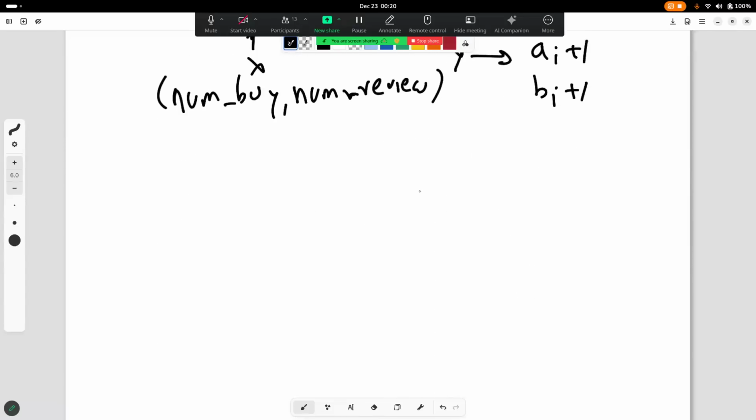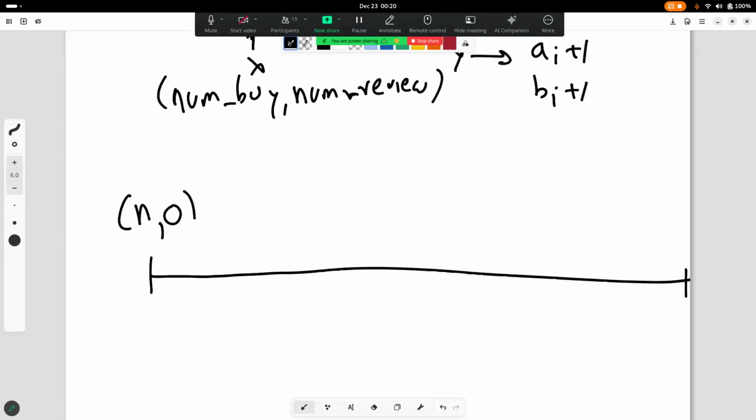If you start with the number of buyers being n and the number of negative reviews being 0, and you just continue, somewhere over here the first A of I would be exceeded. The number of buyers would remain the same, but one buyer would start giving you negative reviews.